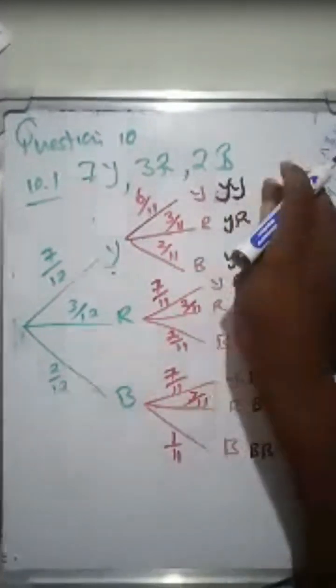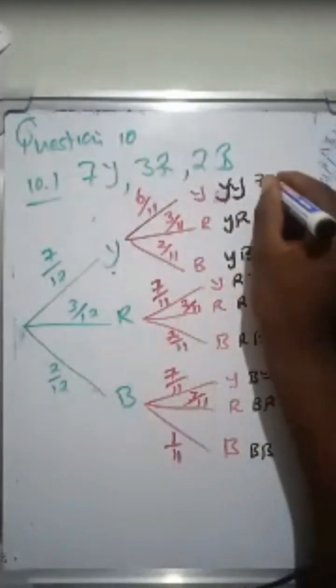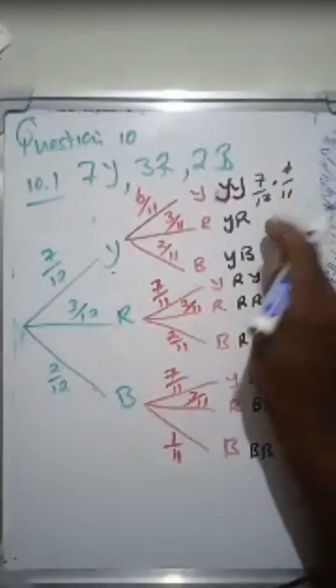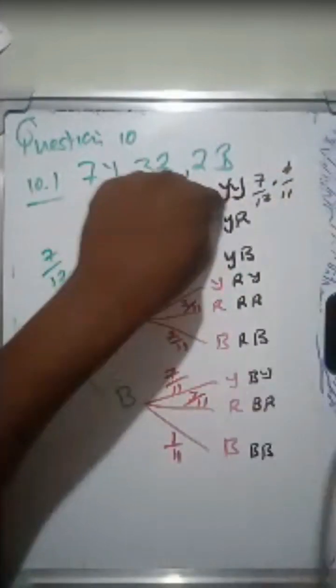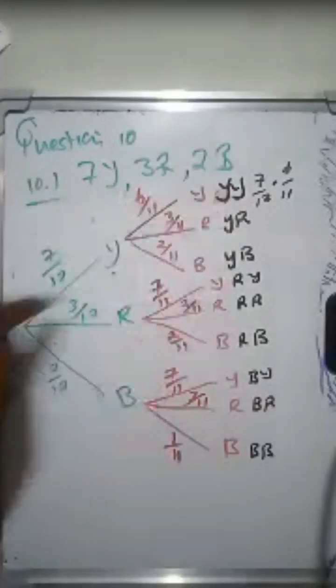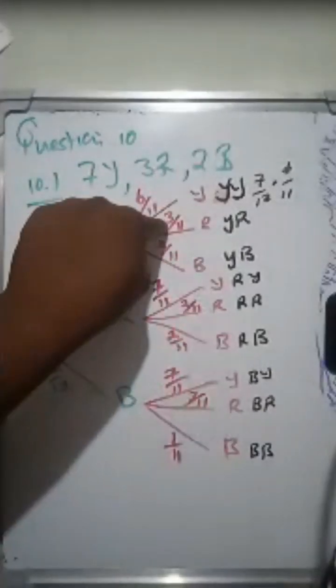So how do we get this one? It's 7 over 12 times 6 over 11. So you go multiplying to get yellow, yellow. It's 7 over 12 times 6 over 11. Then the other one is going to be 7 over 12 times 3 over 11. Then 7 over 12 times 2 over 11, going on like that.